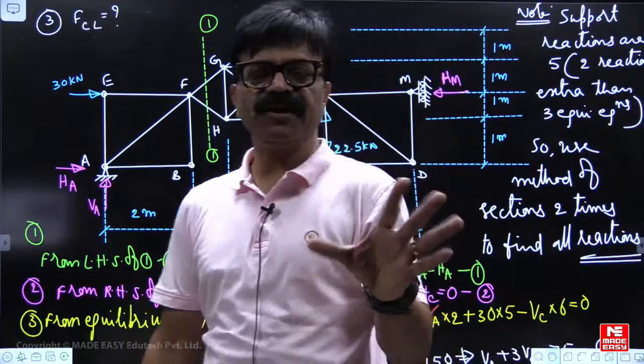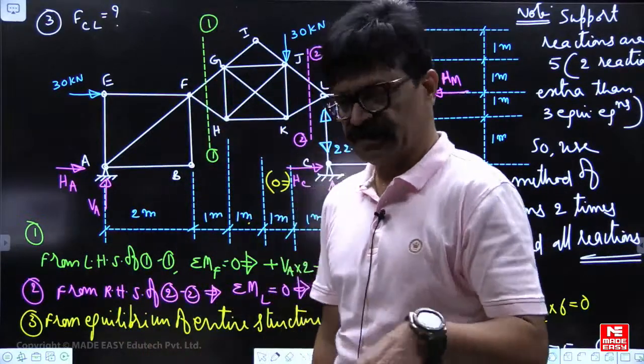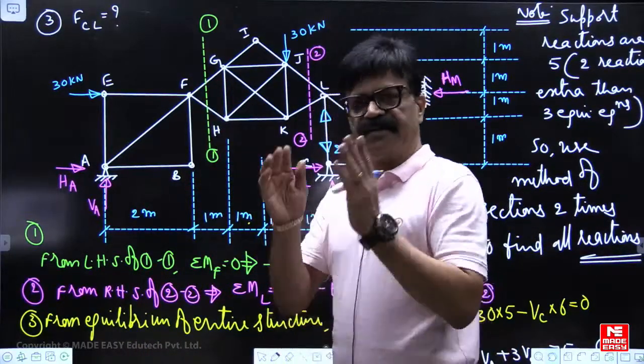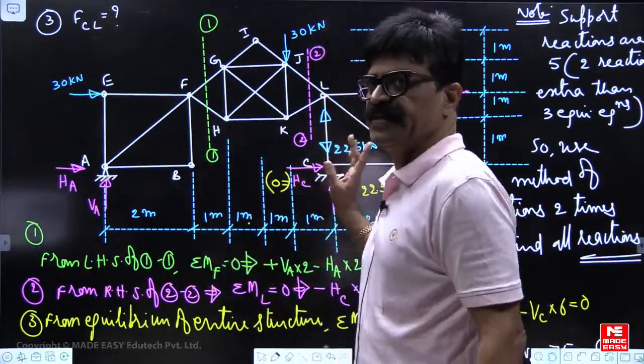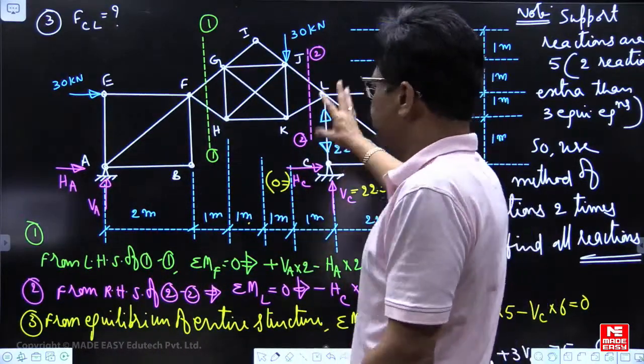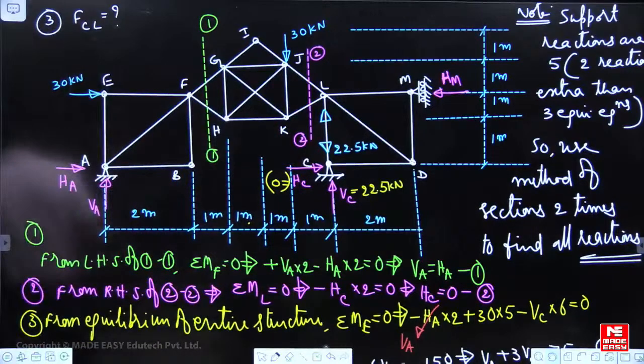First we will see how many reactions are there in excess of equilibrium equations. So many times we have to use method of sections to find the reactions. Then whatever force he is asking we can find.